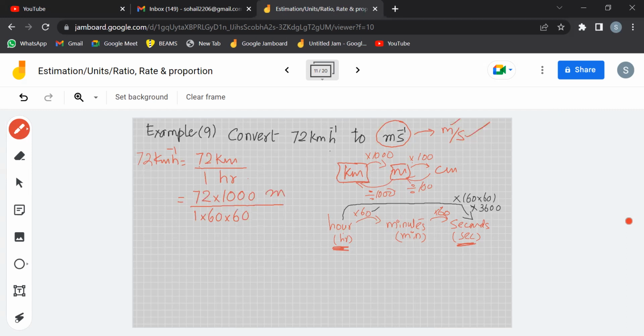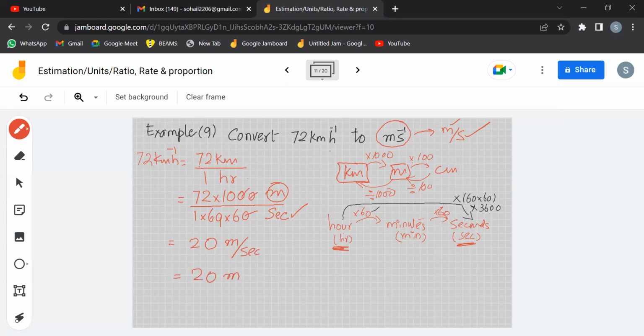Now you can simplify manually, zero with zero, and after simplification you can read the answer: 20 meters per second.